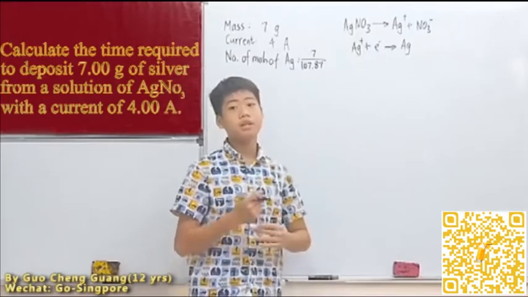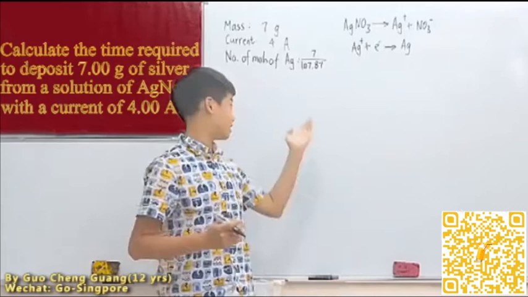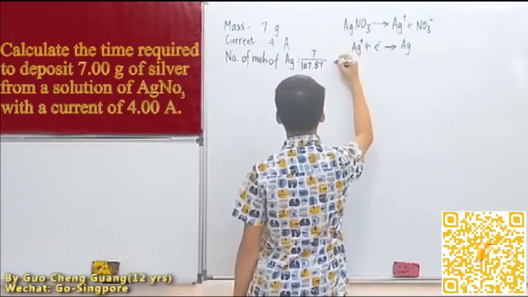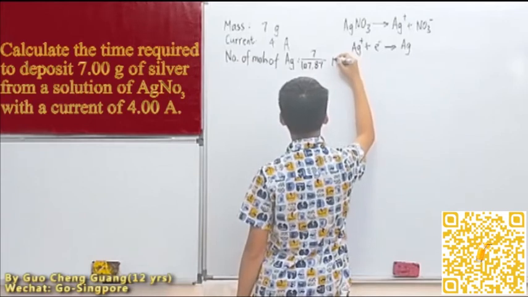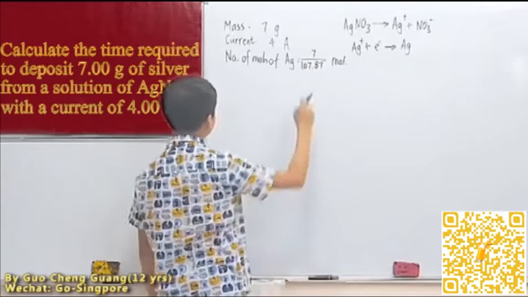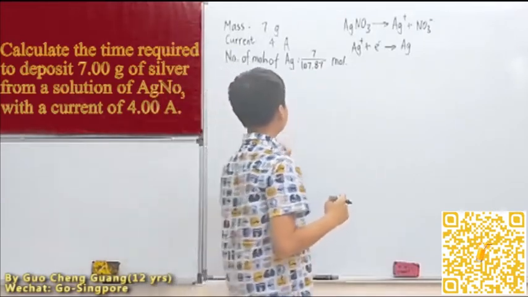During tests, they may allow you to refer to the periodic table. So you have found the number of moles for silver.